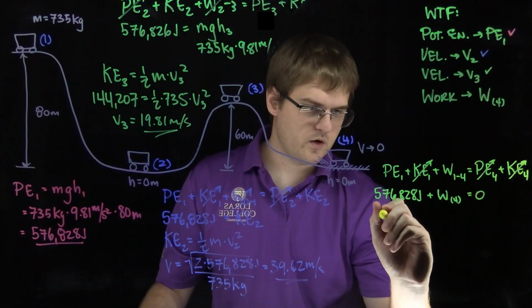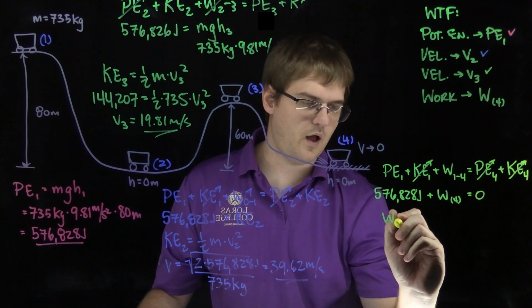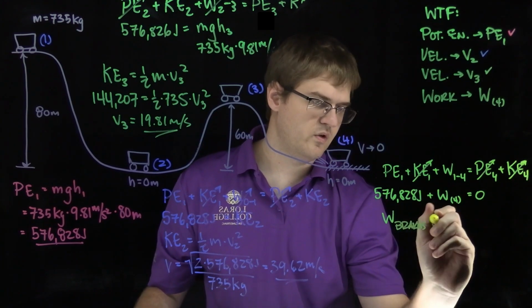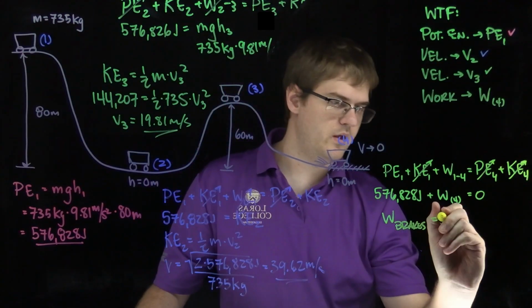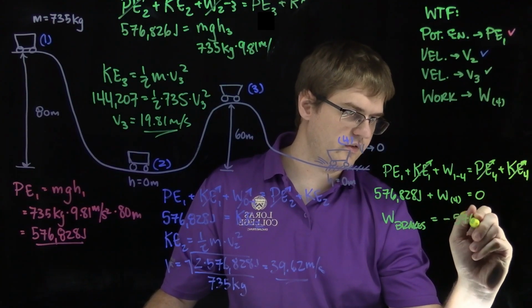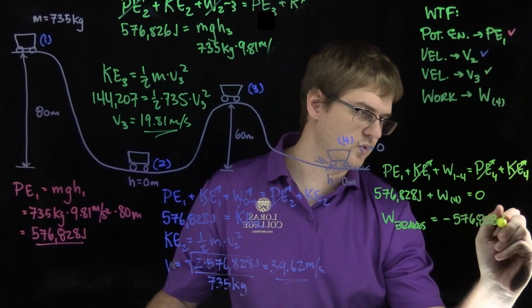So my work done by this brakes, I'm going to call it work brakes, is going to be equal to negative 576,828 joules.